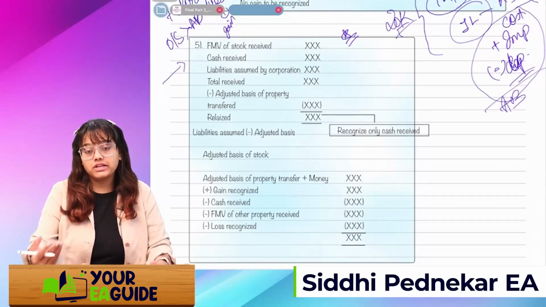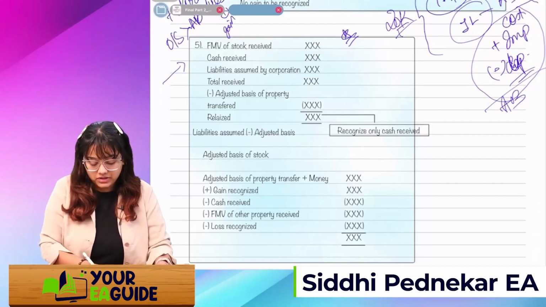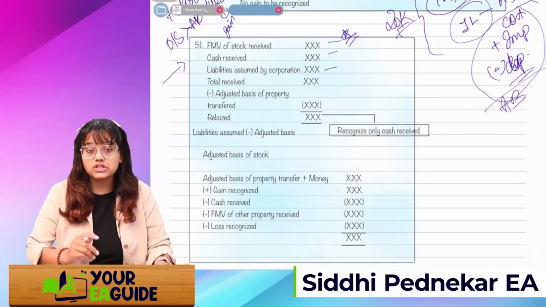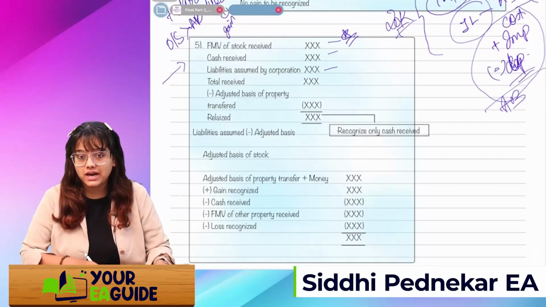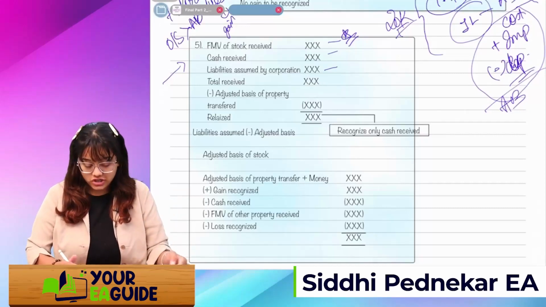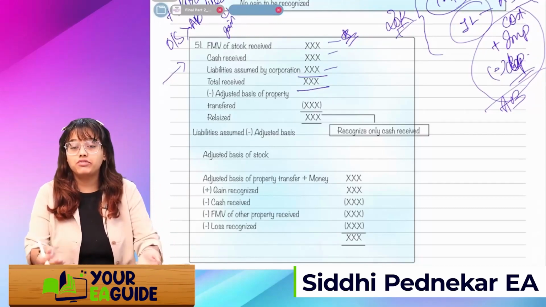If we are receiving cash along with that stock, just add it. FMV of stock received plus cash. Next, whatever liability is assumed by the corporation will be a benefit for me, so I'll add it. So here we'll get the total amount which we have received from the corporation.